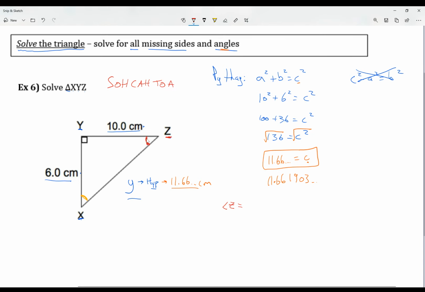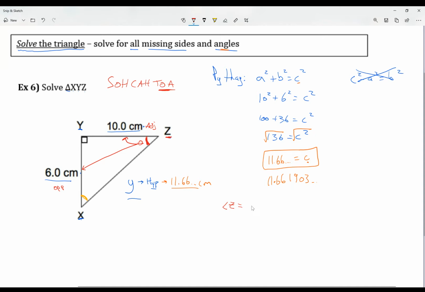If I want to find this angle, let's call it theta, what side lengths was I given? I was given 6, which ends up being the opposite to that angle. And I was given 10, which ends up being the adjacent to that angle. So if I have the opposite and the adjacent, I'm going to use TOA.